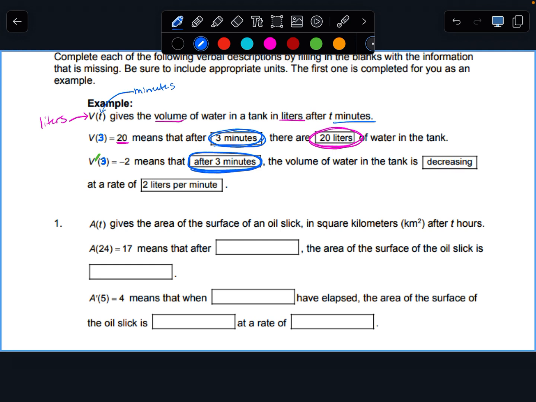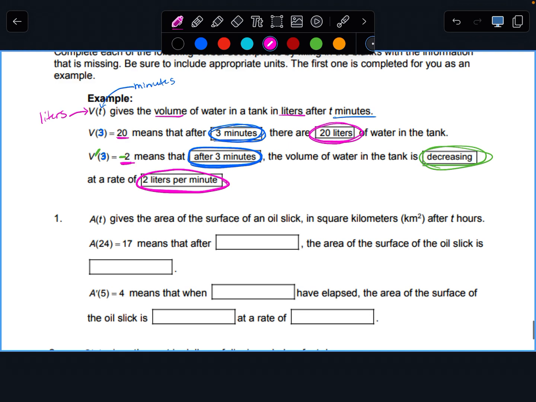Talk like a normal person. With this negative piece, that's where you use a derivative word. Decreasing is a derivative word. It's talking about it being negative. If it was positive, you would say increasing. So you'd say it's decreasing at a rate of 2 liters per minute. So you're still doing that fraction piece.